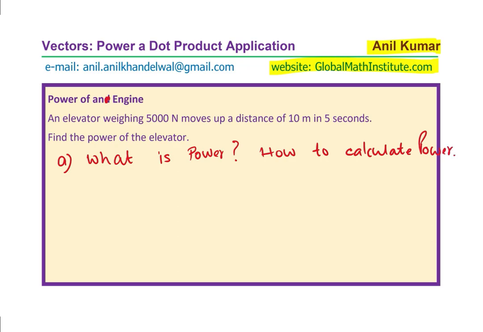Clearly in the topic, we have mentioned power, a dot product application. Let us try to understand this, and then it will be very simple to answer the question. Power is rate of change of work done.